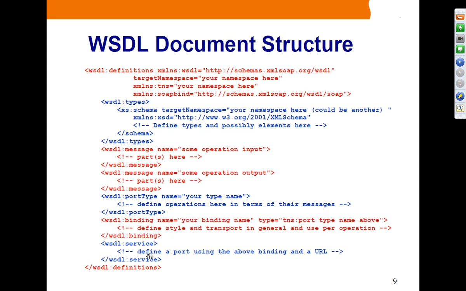These are all elements defined in the WSDL namespace. Then we have the target namespace, and two other namespaces, tns and soapbind. Basically it has types, messages, a portType, a binding, and a service. We are going to learn each of these elements in detail in the following slides.